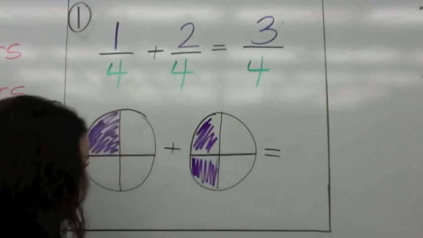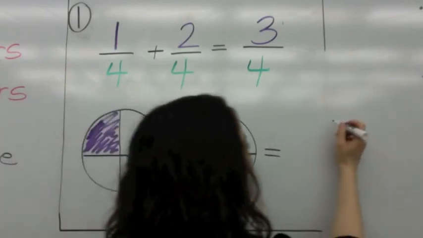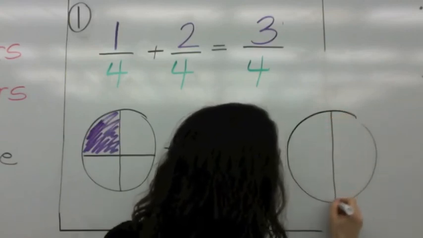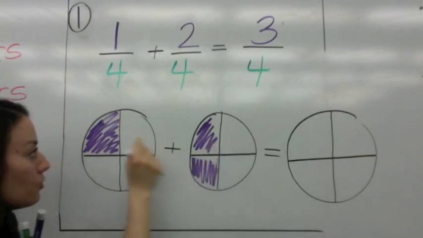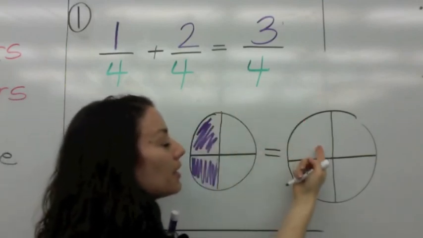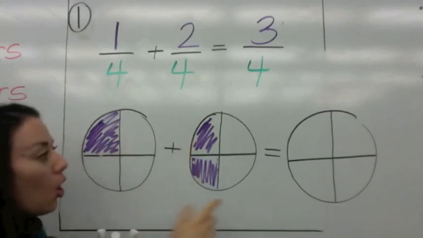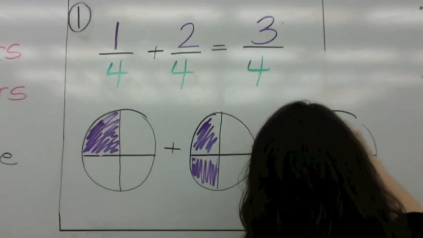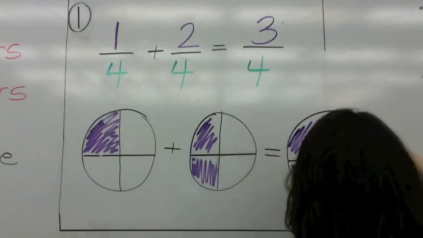Now, I'm going to extend this a little bit. If we add those pieces and we take them off of those, 1, 2, 3, and we put them on here, okay? 1, 2, 3. Over here now, let's shade 1, 2, 3.